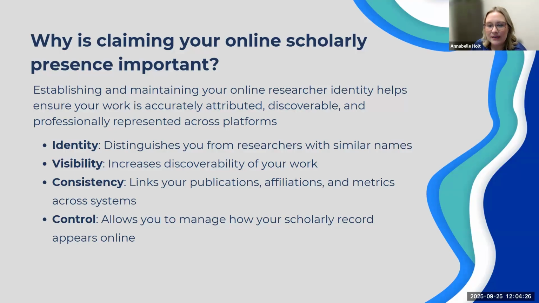Another good thing is maintaining a profile also supports the visibility of your work. So when your information is accurate and it's up to date, your work is more likely to be found by your peers, funders, and other collaborators. So this can be really helpful for tracking your citations, grant applications, and just showing your overall research impact. So there are many platforms now that integrate with these scholarly profiles to help streamline some of these workflows.